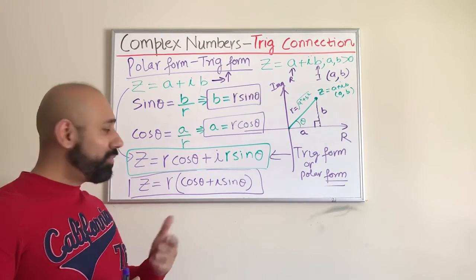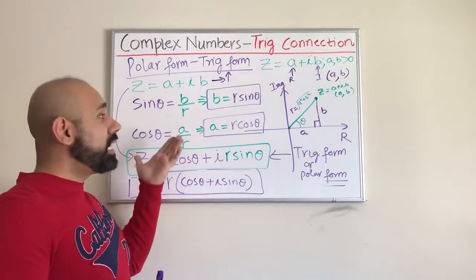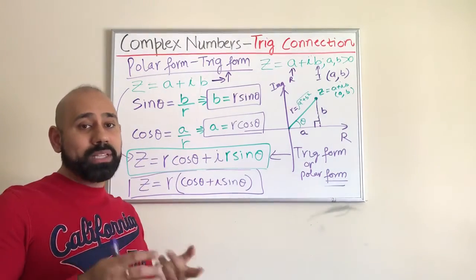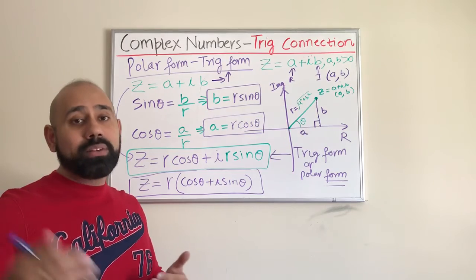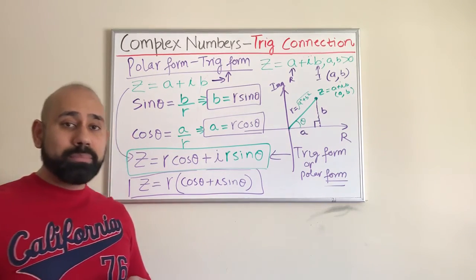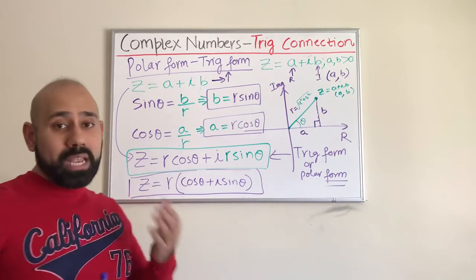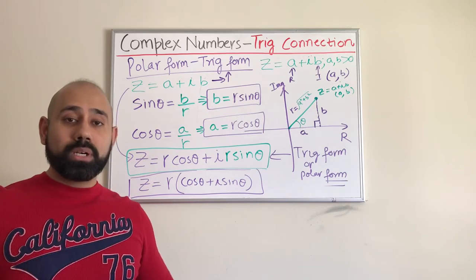We will also be asked to go from the trig form back to the standard form. If you can go from A to B, there should be a way to go back as well from B to A. So in my next video, I'm going to start doing some examples where we transform the standard form, a plus ib, into a polar or trig form.